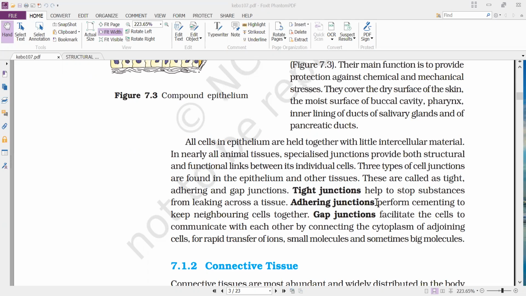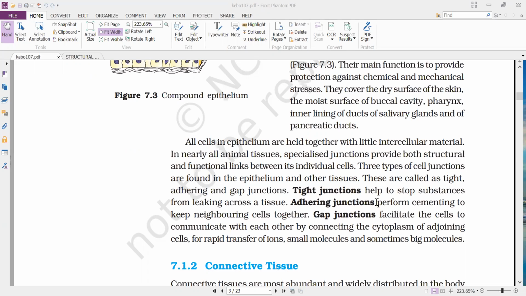Through these gaps, the cytoplasm of one cell will be adjoining with the cytoplasm of the adjacent cell and make connections. Through these connections, the transfer of different substances will occur, like ions and small molecules.